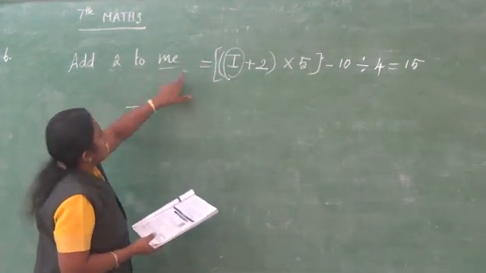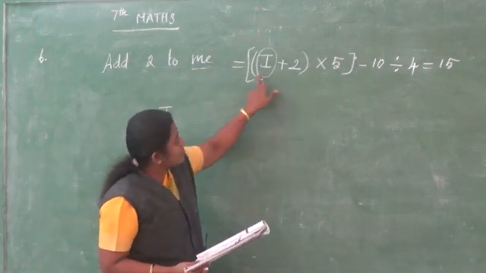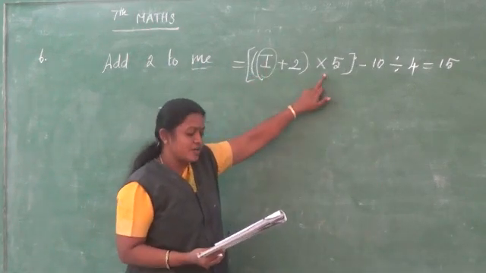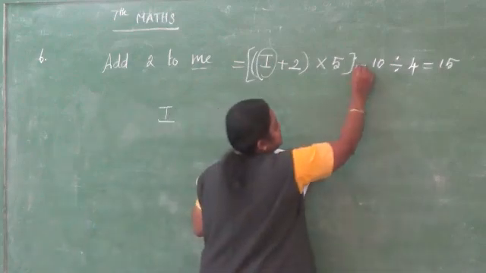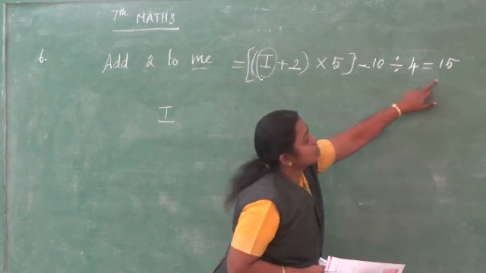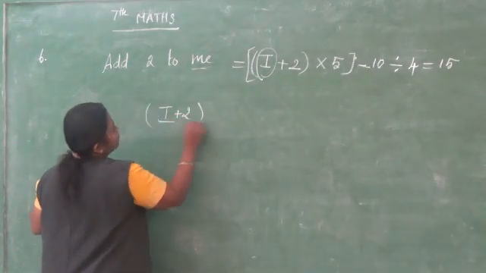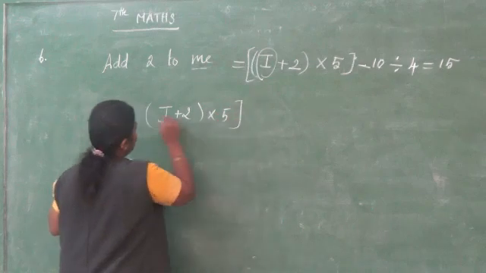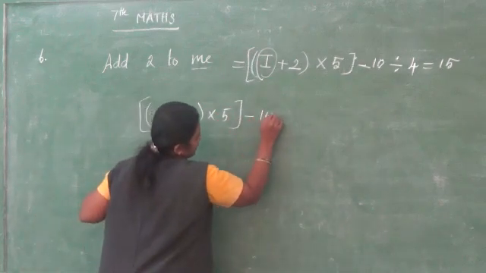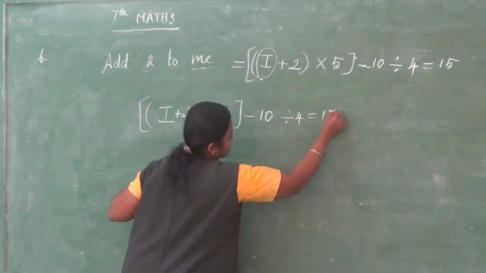Add to me, I letter is representing me, then multiply by 5, I plus 2 multiply by 5, subtract 10, divide by 4 gives 15. So I plus 2 into 5, subtract 10, divide by 4 equal to 15.